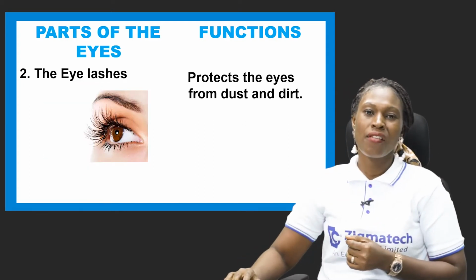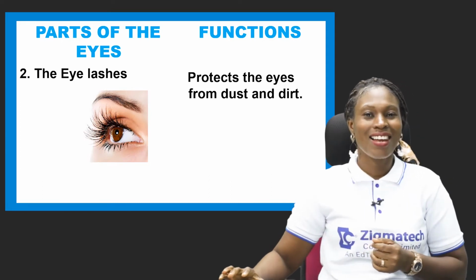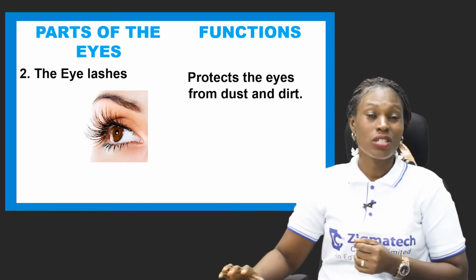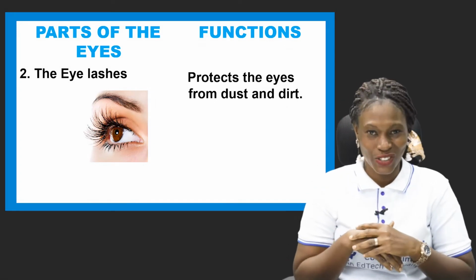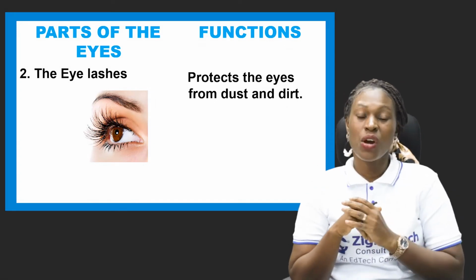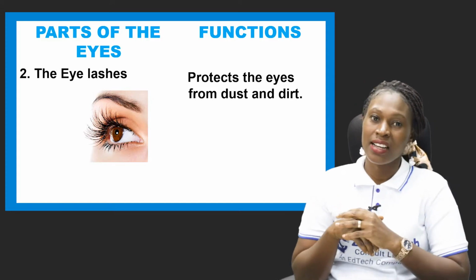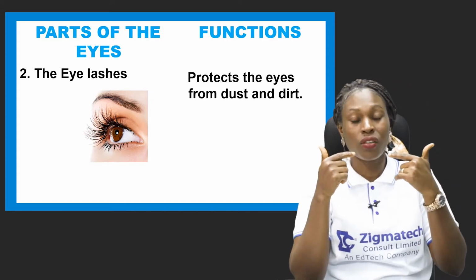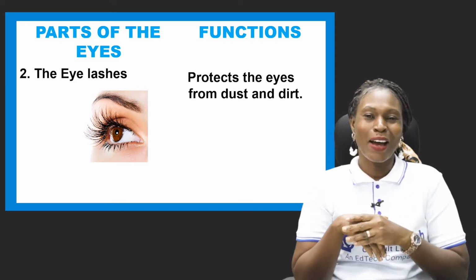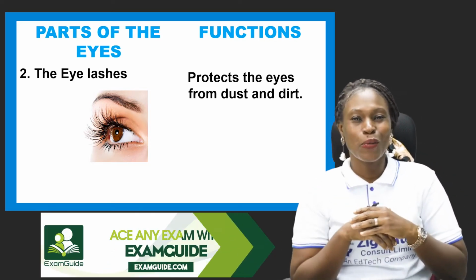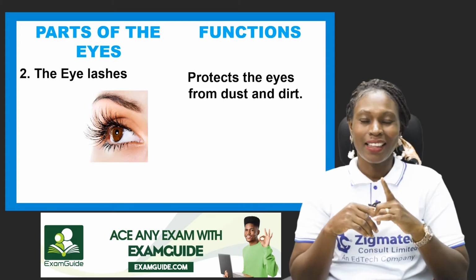The next one we have there is the eyelashes. Today we have a whole lot of artificial lashes, and we should be very careful when it comes to the eyes, with the things we put or allow close to our eyes. I met a scenario sometime in Yapa.